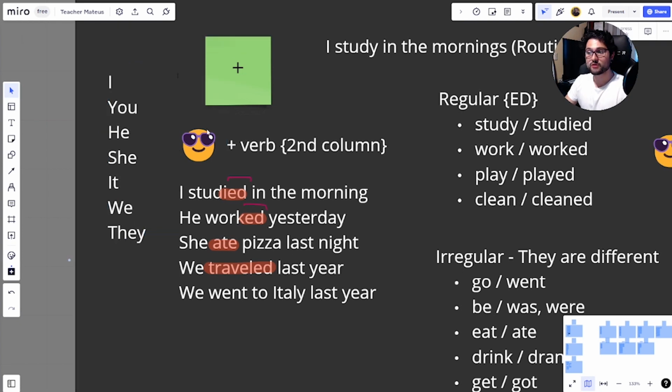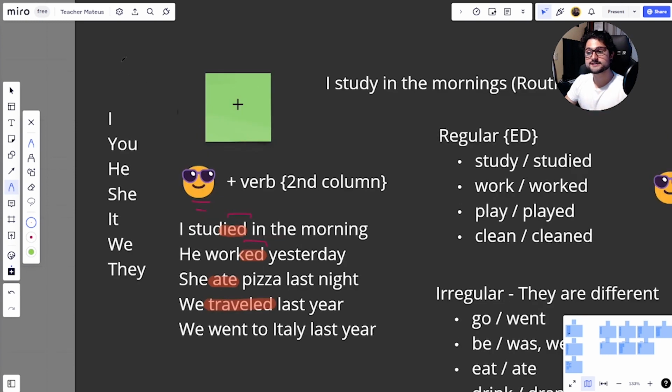So this nice emoji, relaxing with the sunglasses, is representing a person, is representing the subject. This guy is the, oh my goodness, my calligraphy, subject. So this guy's here, I, you, he, she, it, we, and they.